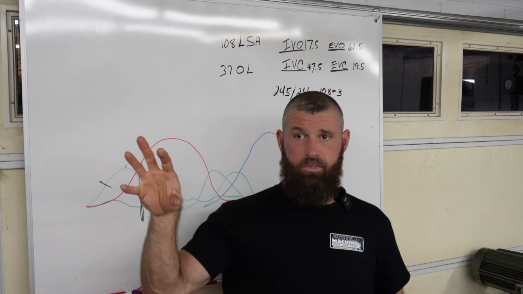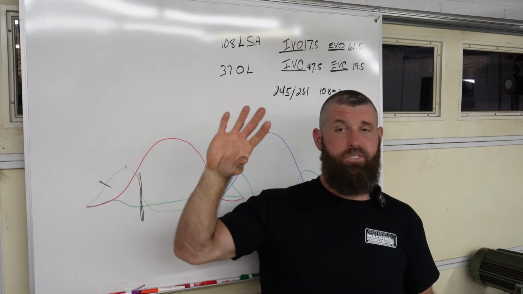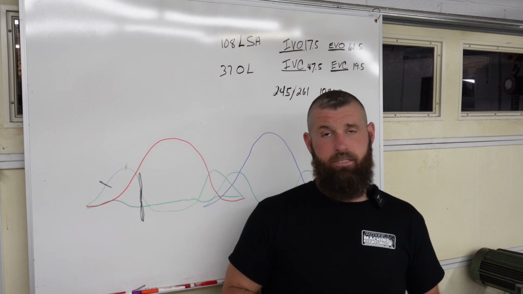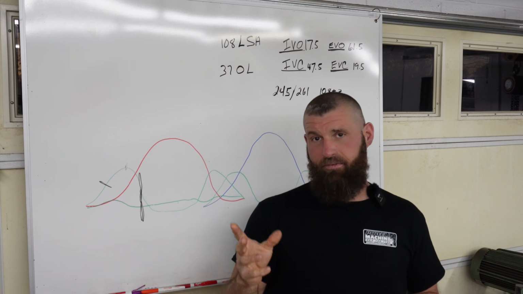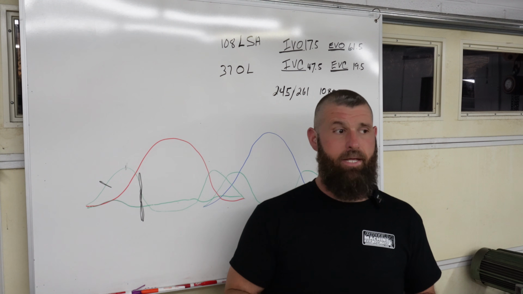So you take a 427 with a 325 CFM head. That package to go 7,000 RPM might need a 255-ish, 258 at 50 cam on the intake. It might need that much duration.